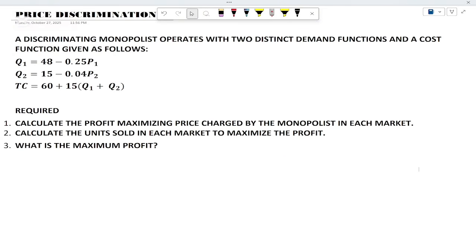You're required to calculate the profit maximizing price charged by the monopolist in each market, and also the units sold in each market to maximize the profit. Also, you have to calculate the maximum profit.